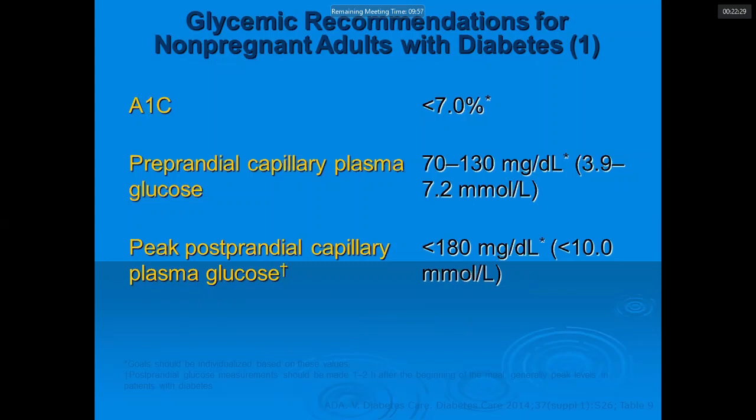So this gives you good control. So fasting between 70 and 130, 2 hours after a meal less than 180, and hemoglobin A1C less than 7.